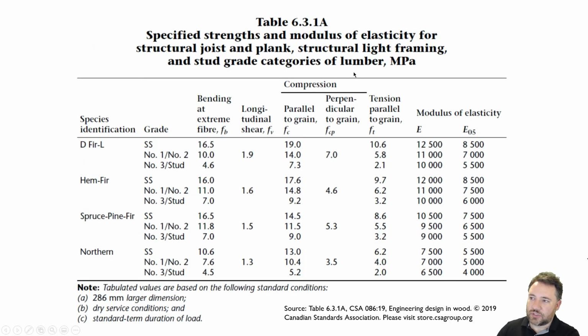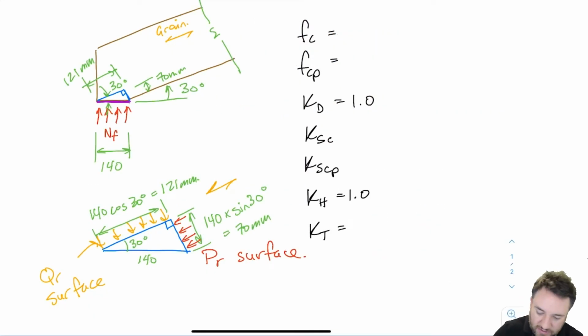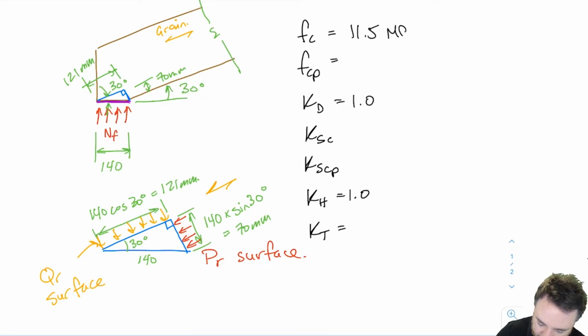So I'm going to go to table 6.3.1a, and this is an SPF number 2. So here's SPF number 2. I can read across. Parallel to grain strength, FC is 11.5, and perpendicular to grain strength, FCP is 5.3. So let's put those in. So this was 11.5 MPa from the table, and this one was 5.3 MPa from the table.